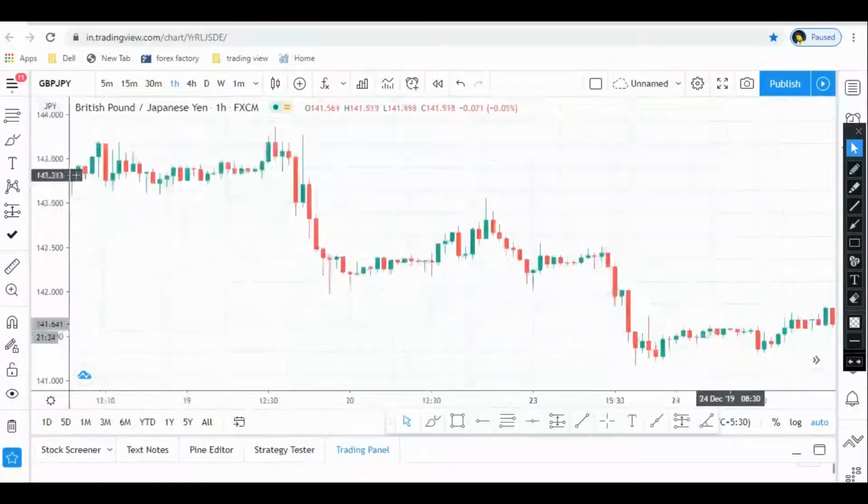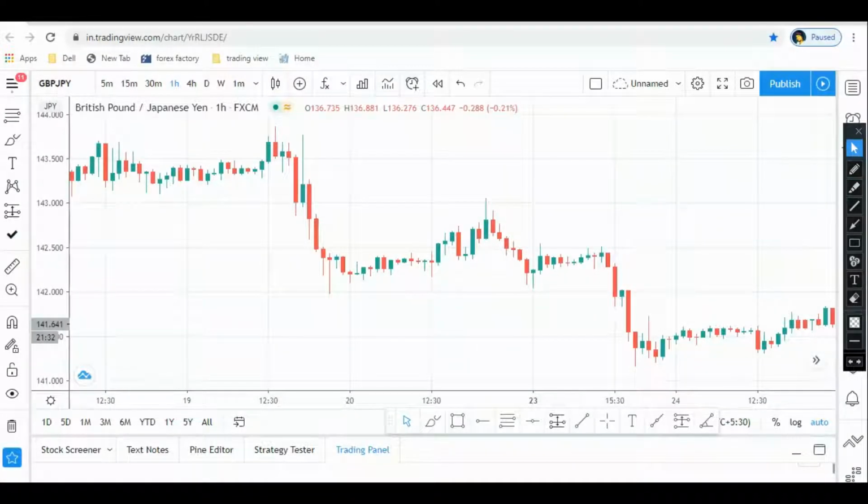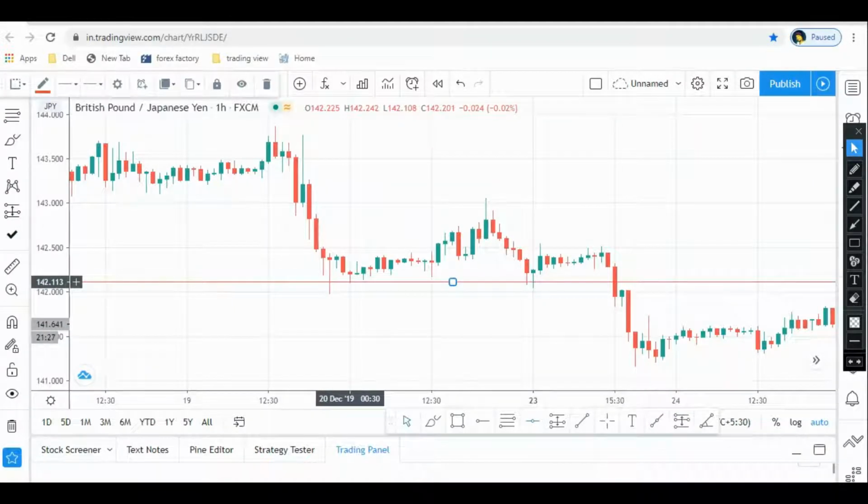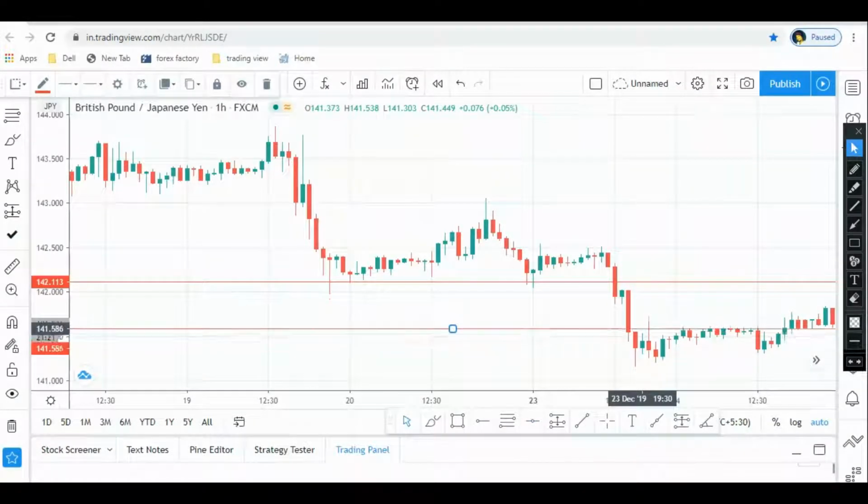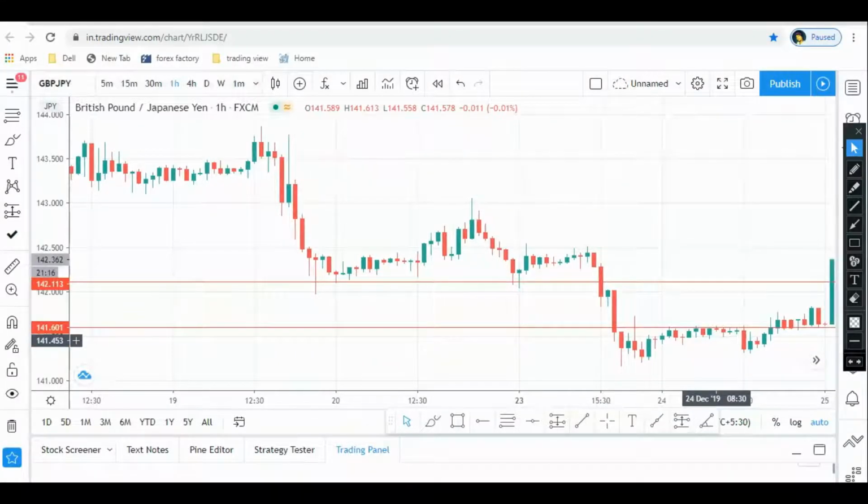Right now, let me zoom out a little bit. I can see this particular area acted as a support zone, and this particular area acted as a resistance, and price has just broken out of this support zone.